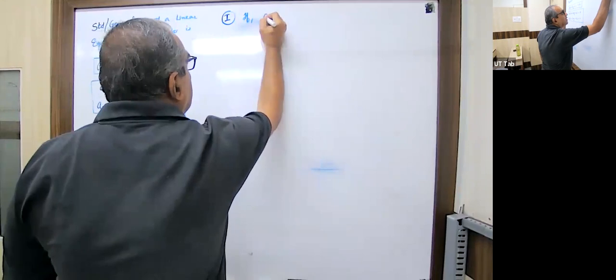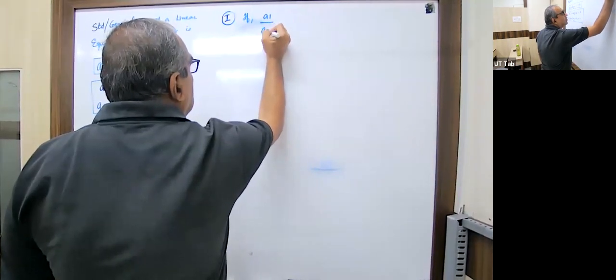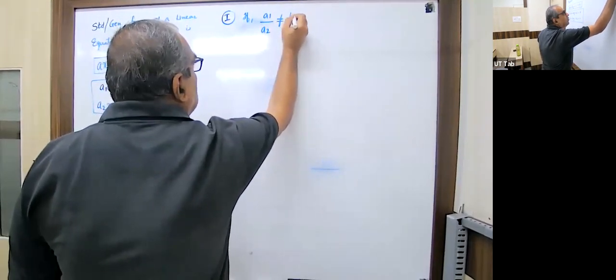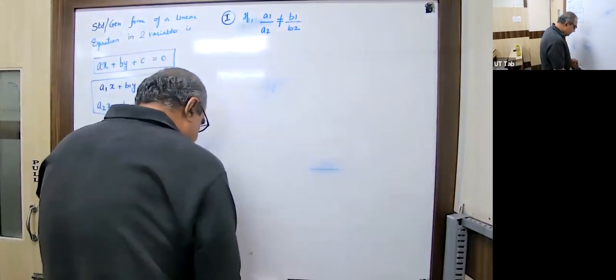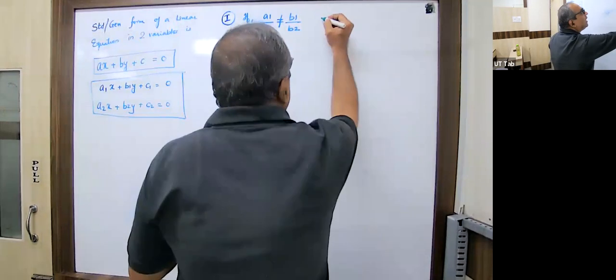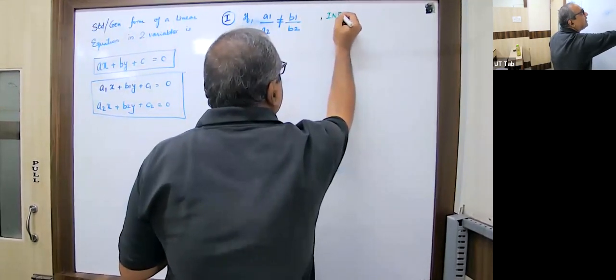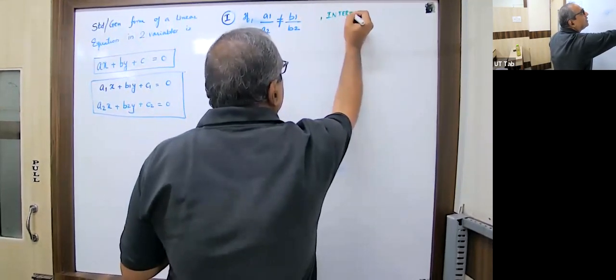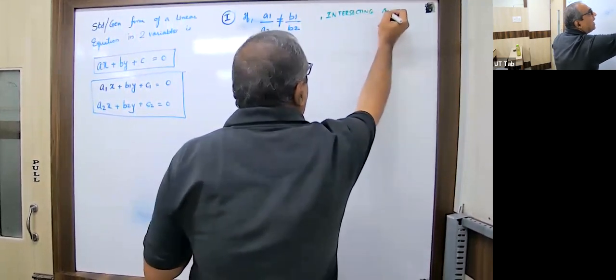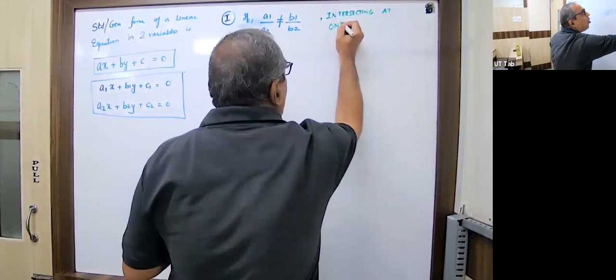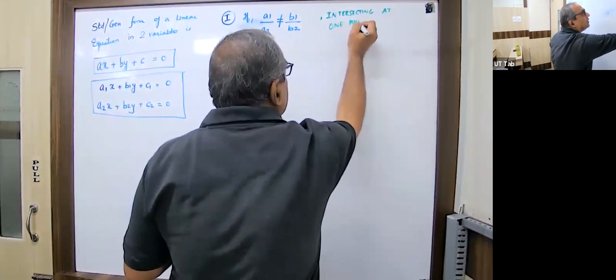So let us see the conditions. If a1 upon a2 is not equal to b1 upon b2, then we will say the lines are intersecting at one point only.